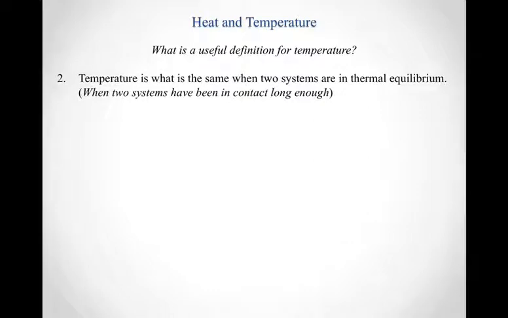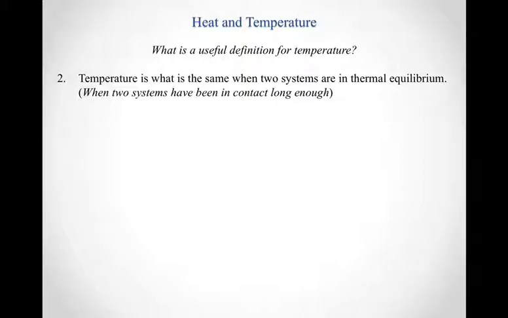We hinted at this definition when we talked about thermal equilibrium, because the second definition that we can use is that temperature is what's the same when two systems are in thermal equilibrium. So the property that they have to share if they're in thermal equilibrium is that they have to be at the same temperature.